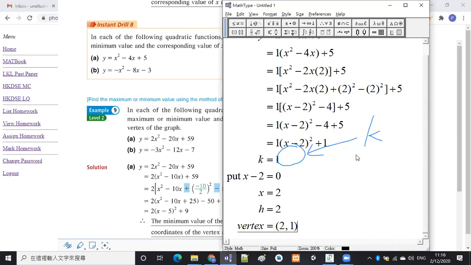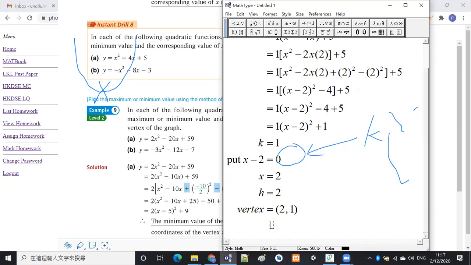to 1. Okay, so a is larger than 0, which means that the curve opens upwards, and then we will have a minimum point. Minimum point, which means that the y value will be the minimum value of this function, and we do not have any maximum value.